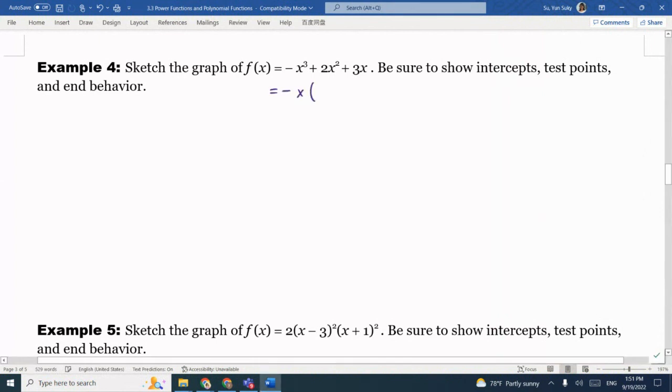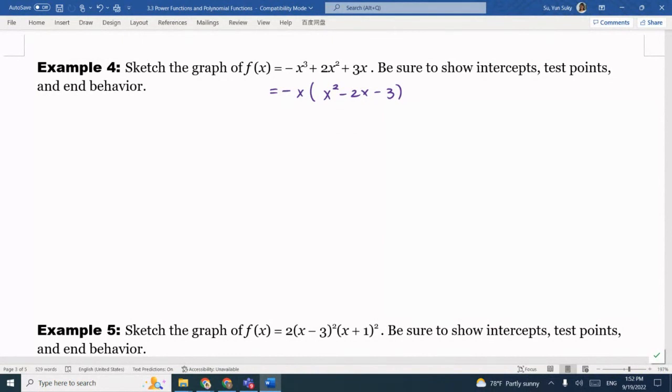So we factor out negative x. What's left? And then what? Minus 3. Very good. We change the sign of all the terms, right? So the positive 2x squared becomes negative 2x, and positive 3x becomes negative 3.